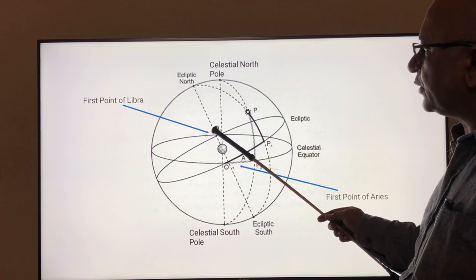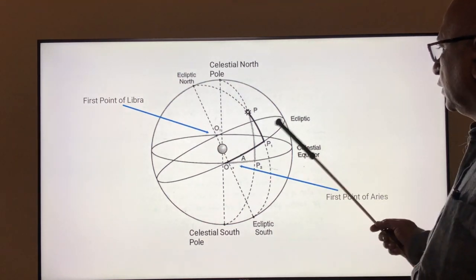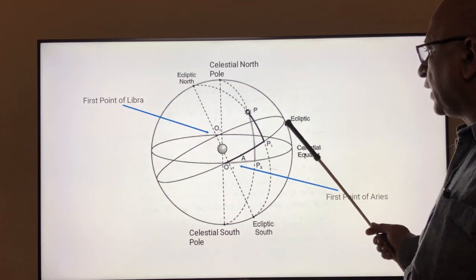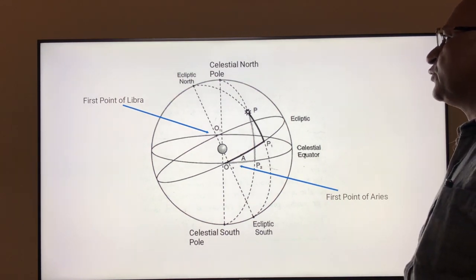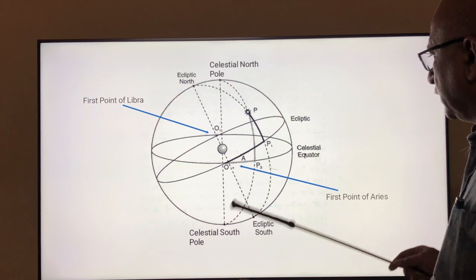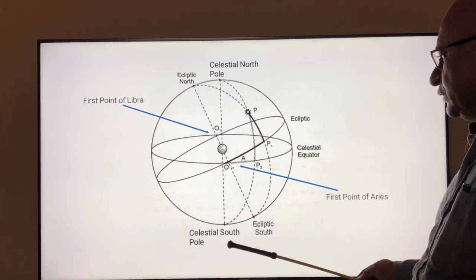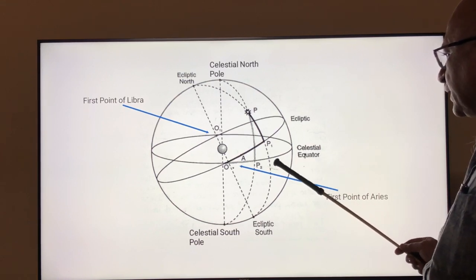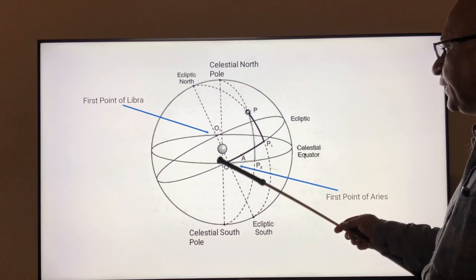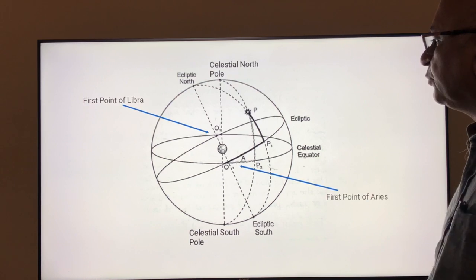This is the first point of Libra, where the ecliptic and celestial equator intersect in the northern hemisphere, and the first point of Aries, where the celestial equator and the ecliptic intersect in the southern hemisphere.